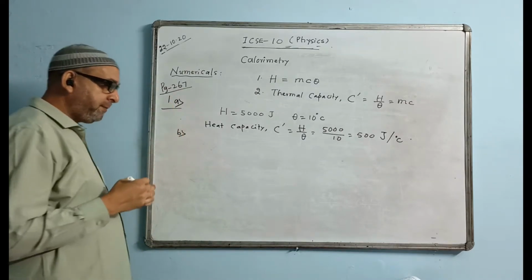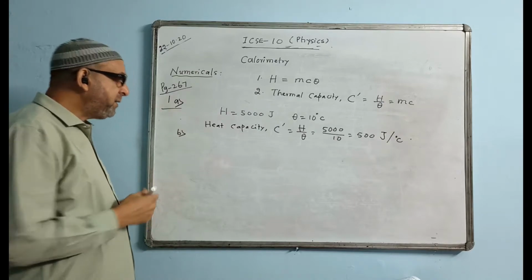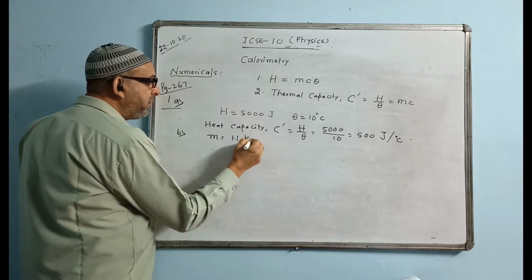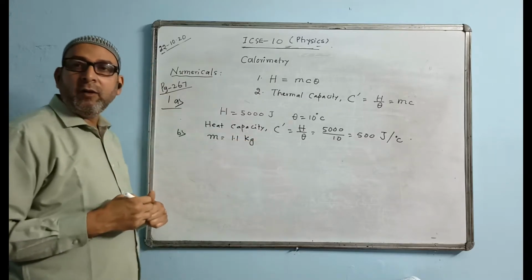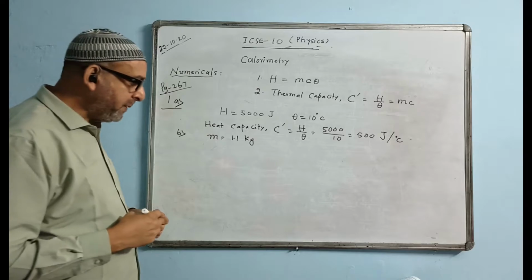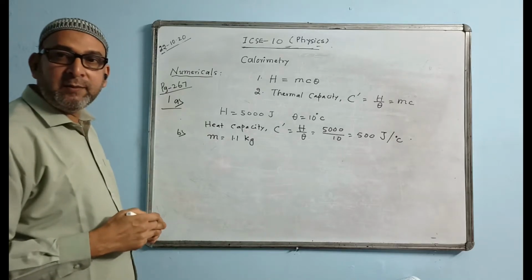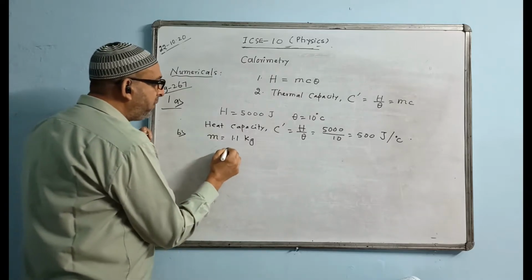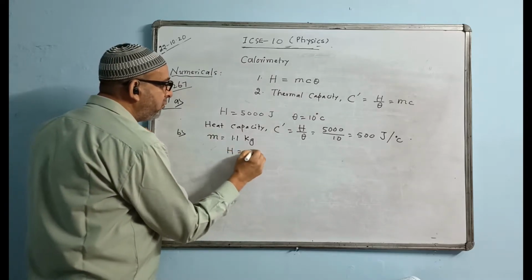Part B. Mass is given as 1.1 kg, and now you have to find the specific heat capacity, that is C. Use the formula H is equal to m c theta.